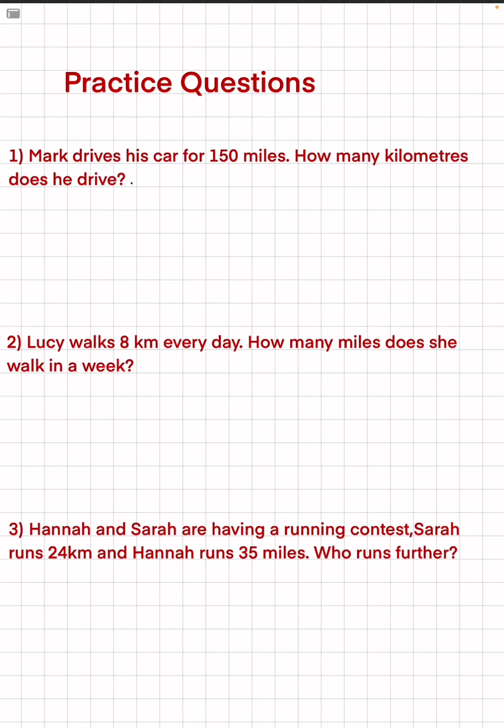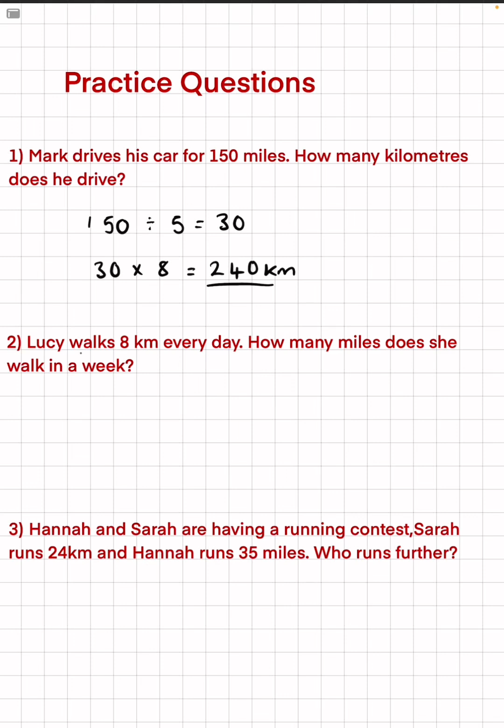To convert miles to kilometers, we first divide by 5, then multiply by 8. 150 divided by 5 equals 30. 30 multiplied by 8 equals 240 kilometers. So Mark drives his car 240 kilometers.